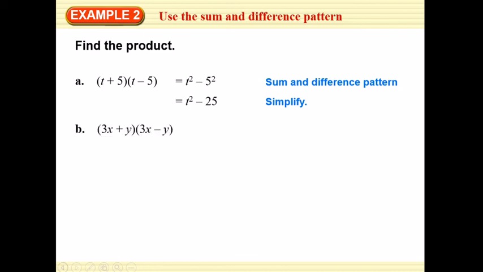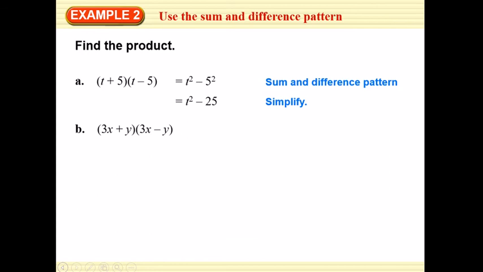So find the product. In example 2 here, I'm multiplying t plus 5 times t minus 5. That's going to give me t squared minus 5 squared, or t squared minus 25. As long as I recognize that it falls into that pattern, I don't have to go through the entire FOILing process.